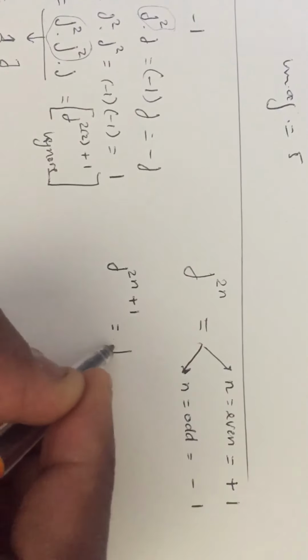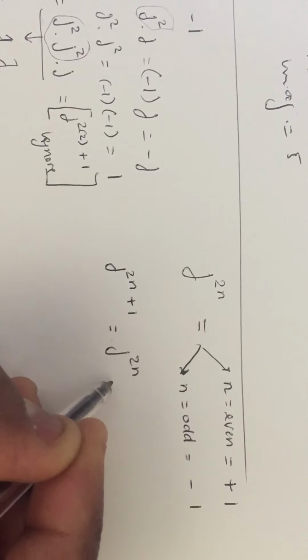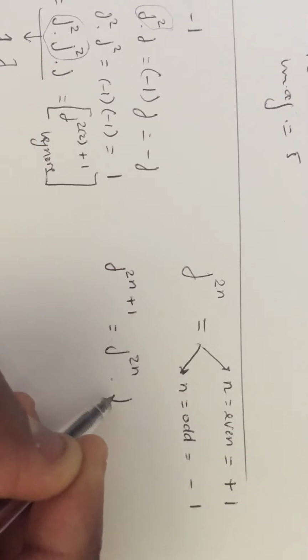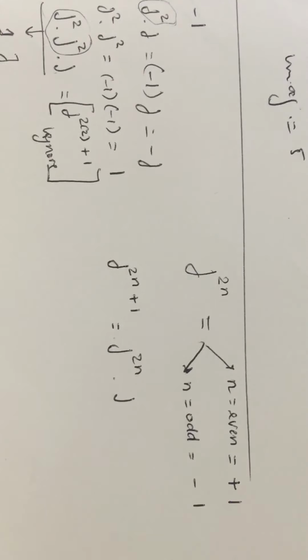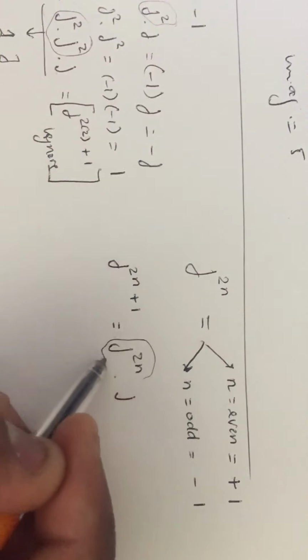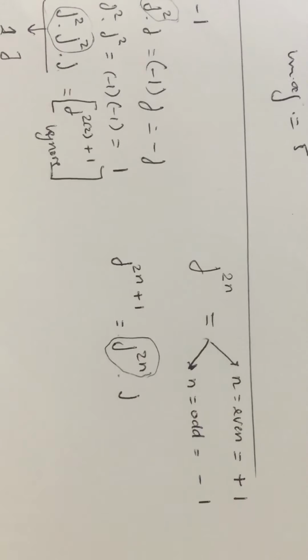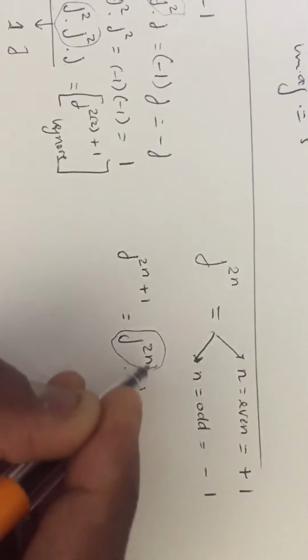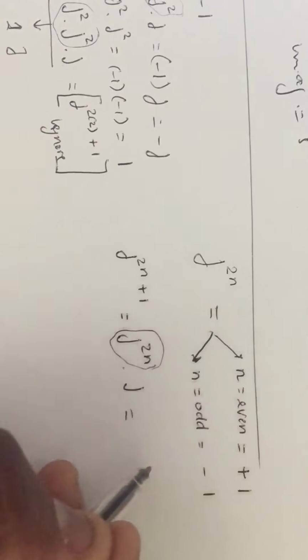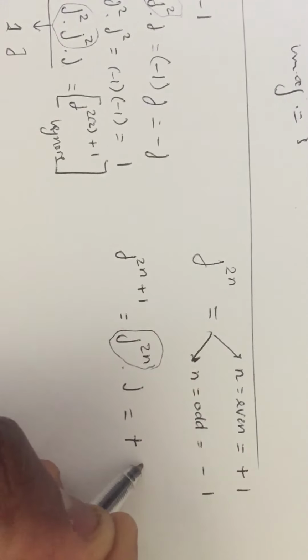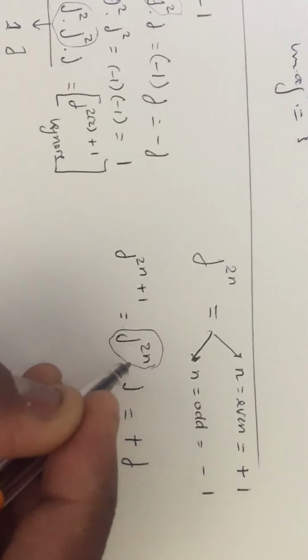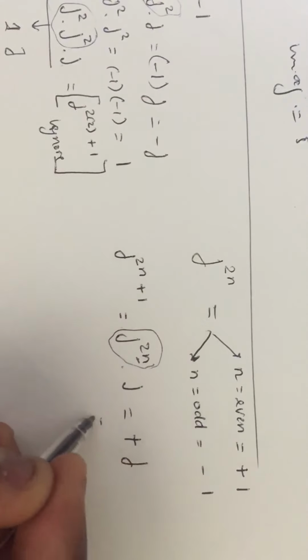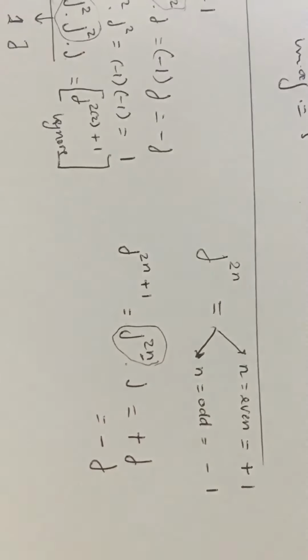This is the same as j to the power 2n times j. So you only work with this, you check that and you get your answer. The final answer will be, if n is even, it's gonna give you plus j. If n is odd, it's gonna give you minus j.